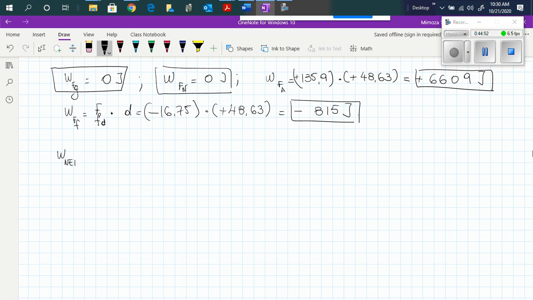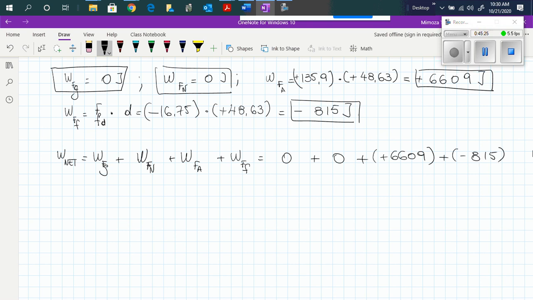And now work net will be the work done by all the forces that the object is experiencing: force of gravity, force normal, work done by force applied, and work done by force of friction. So it will be 0 plus 0 plus positive 6609 plus negative 815.